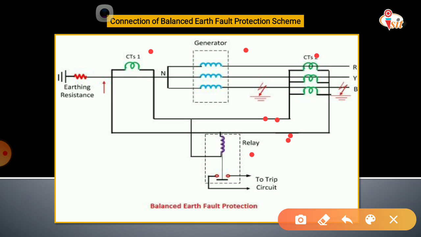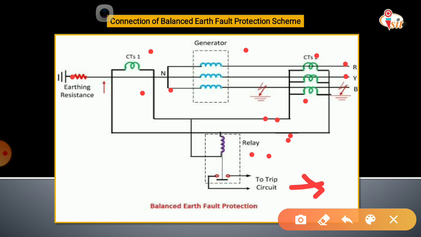So CT1 is connected to the neutral and the earth point, and current transformer set 2 is connected in each phase, that is R, Y and B, and these CT secondaries are connected in parallel with CT1, and across the secondaries of the CTs a relay circuit is used, and the trip circuit is here. So as this relay coil is energized, the contacts are closed and it will give a signal to the circuit breaker for its operation.